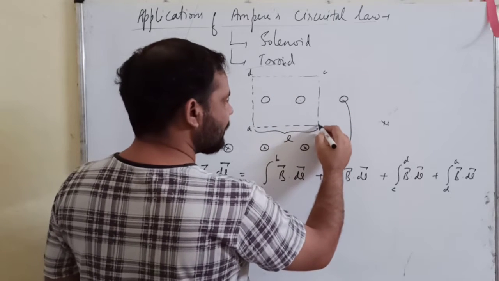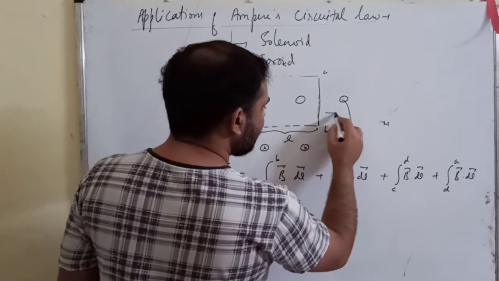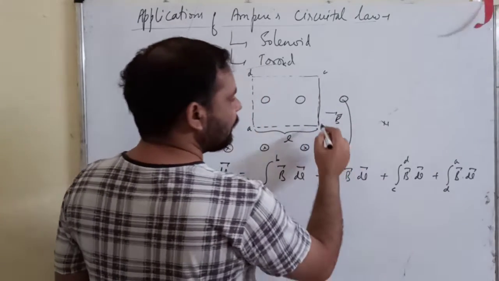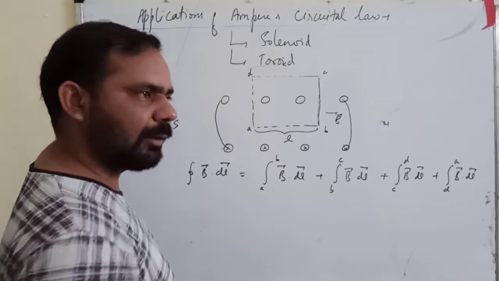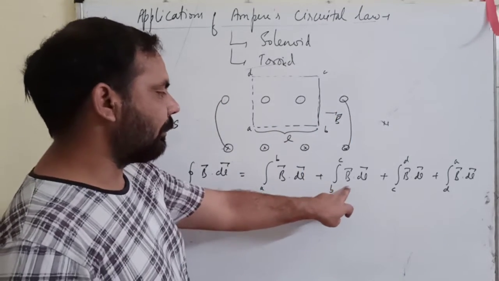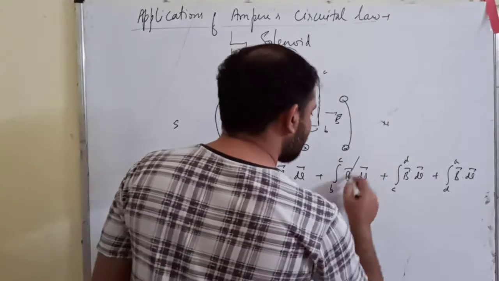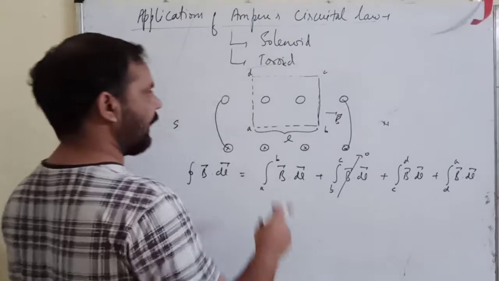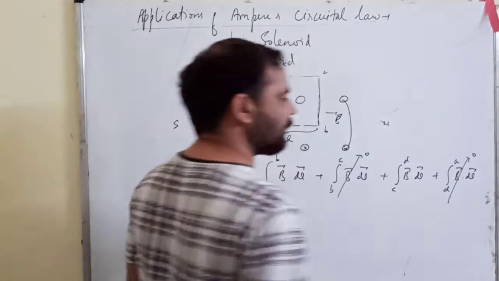Now dl is this one, and the magnetic field is this one. So what is the angle between dl vector and B vector? It is 90. So you have B dl cos 90, and cos 90 is 0. So this term is 0, and similarly for DA part also this is 0.